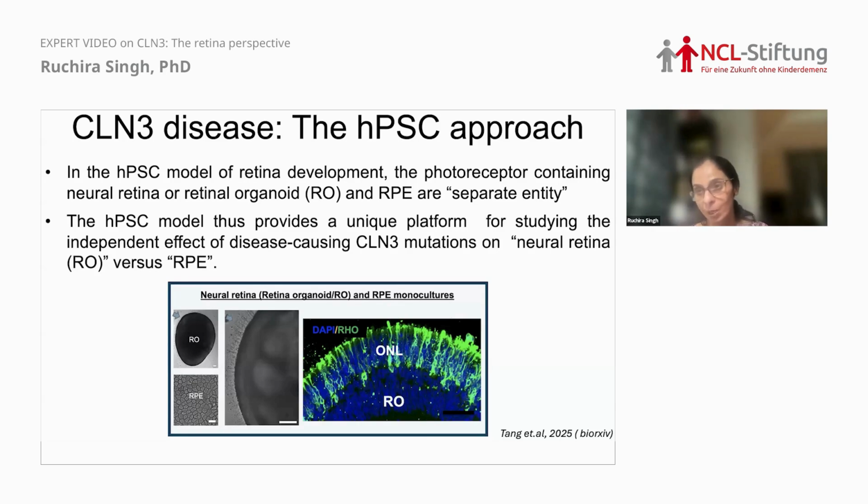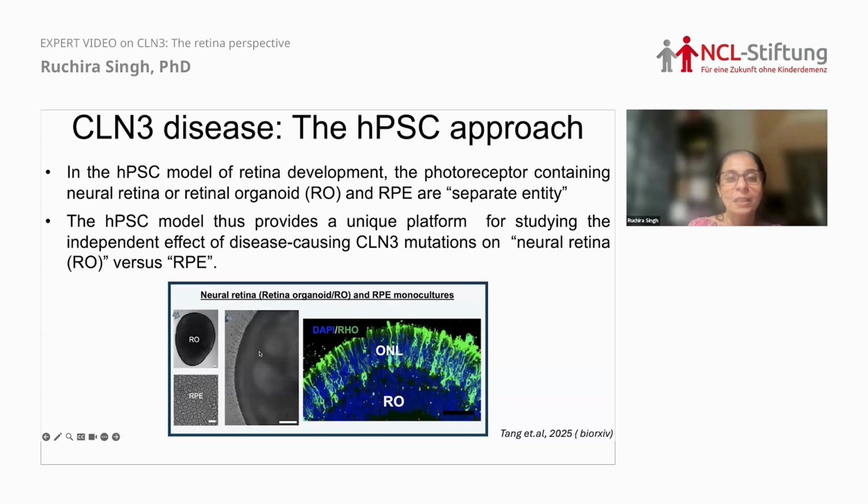They don't co-develop. And this actually is a boon in a way, because it has enabled the ability to study the retina organoid versus RPE independent of each other, and see what is the independent effect of disease causing CLN3 mutation on the neural retina versus the RPE cell layer.